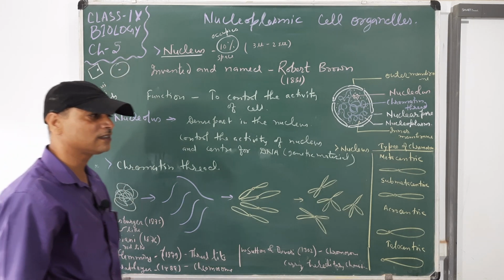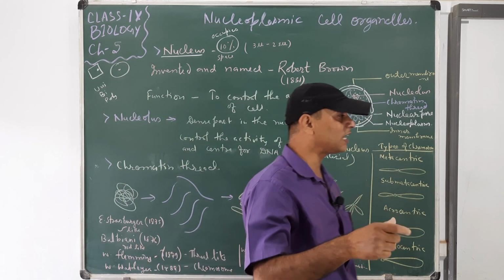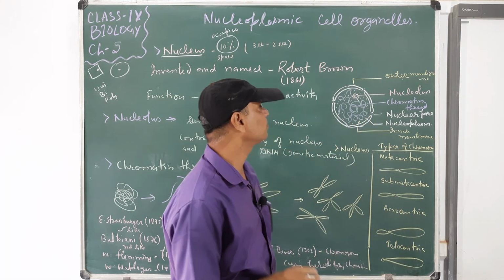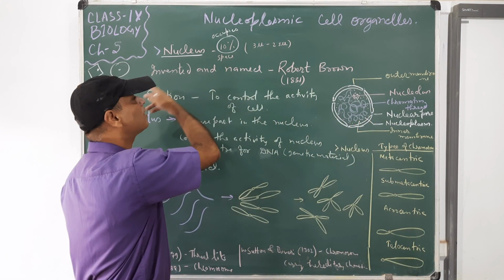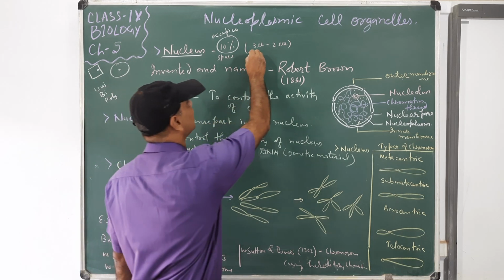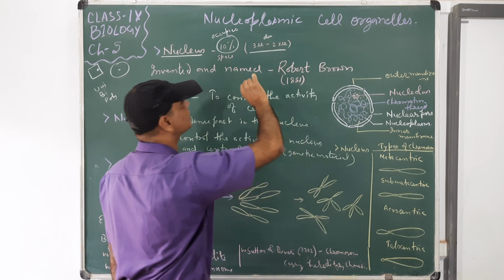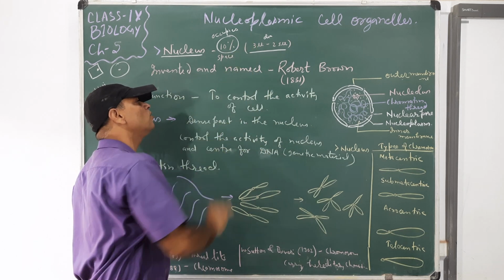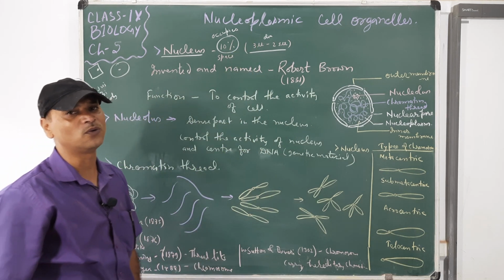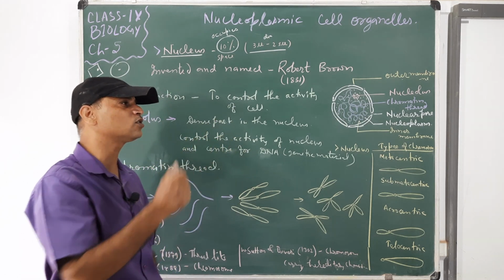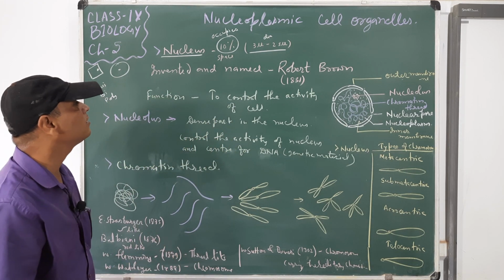So the nucleus occupies 10% of the cell, either plant or animal. The diameter of the nucleus is 0.3 mu to 25 mu. It means it varies from cell to cell and with the function of the cell.